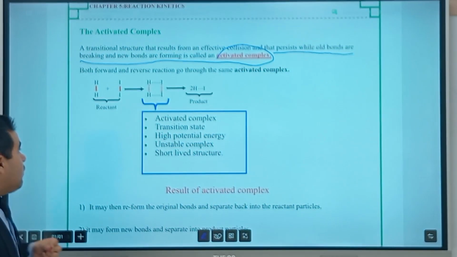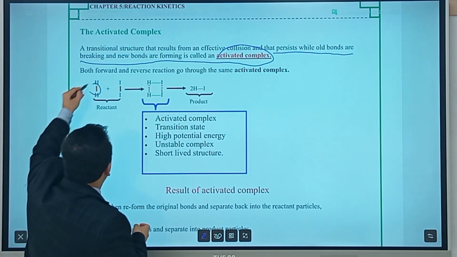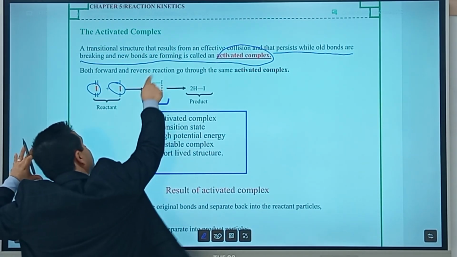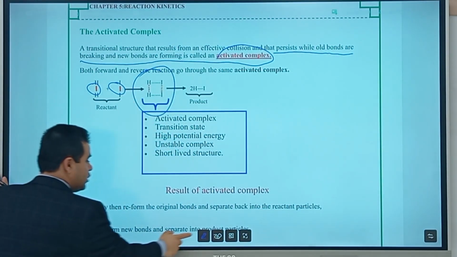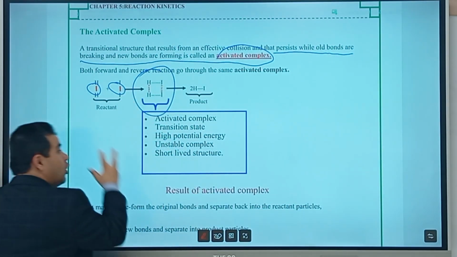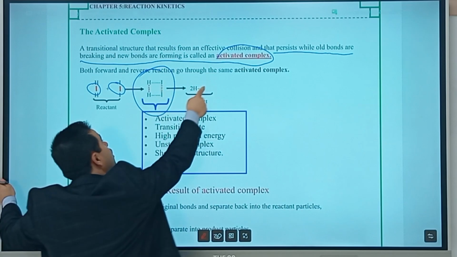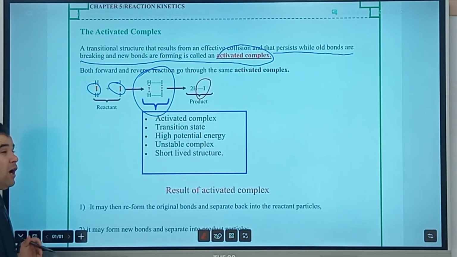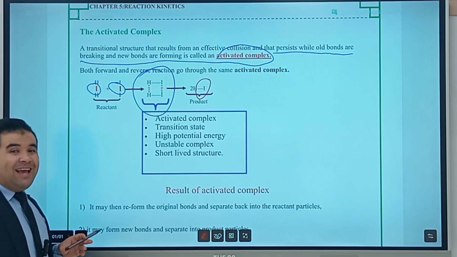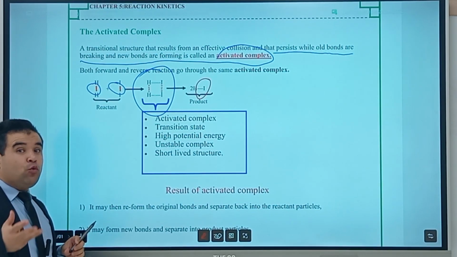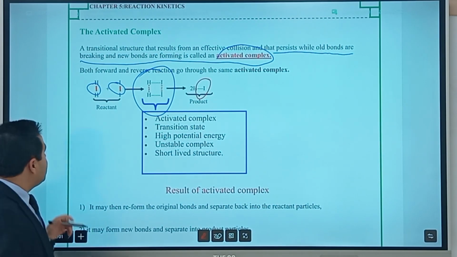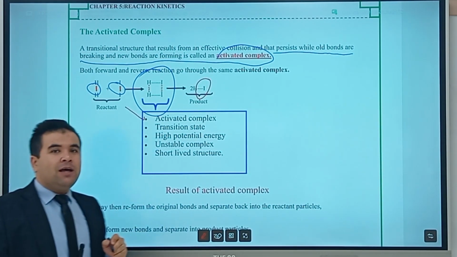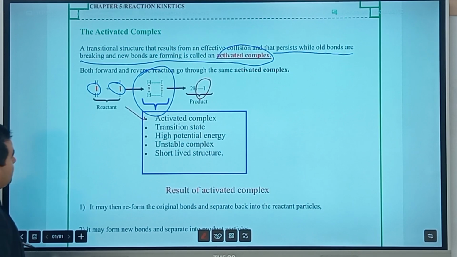In this structure, what will happen? The old bonds of the reactant are going to break down. This is the AC region. And then the old bonds break down to form new bonds of the product. What are the properties of the activated complex? First, the activated complex is a transitional state.